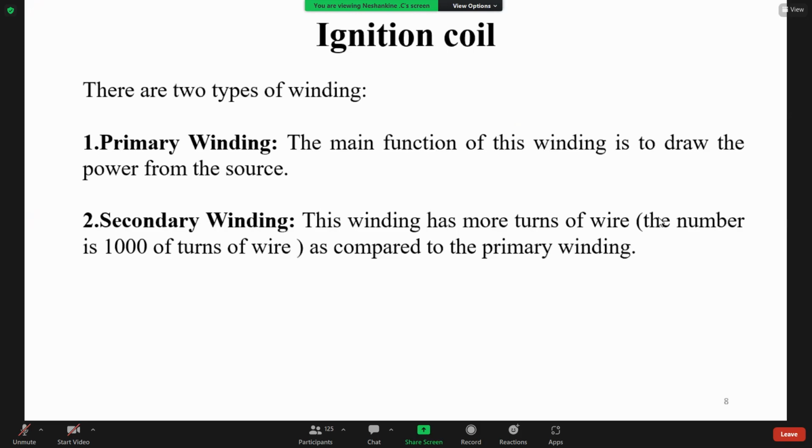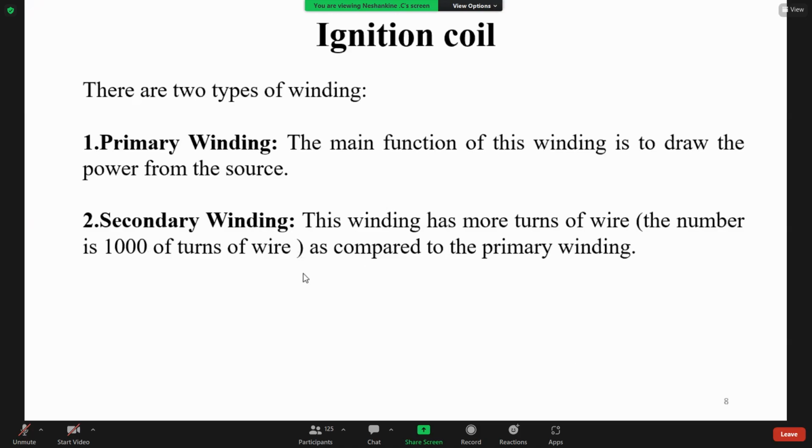Then the ignition coil. In the ignition coil, we have two types of windings, the primary winding and the secondary winding. The main function of the primary winding is to route the power from the source. I will discuss this later.